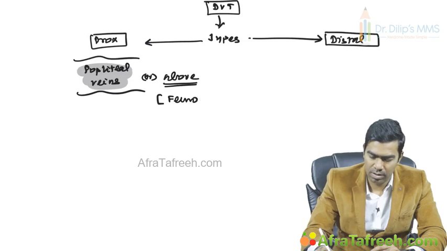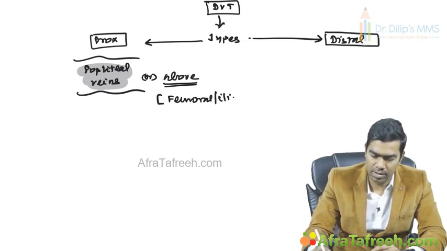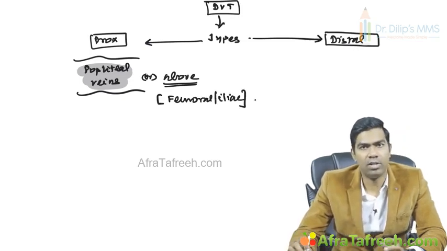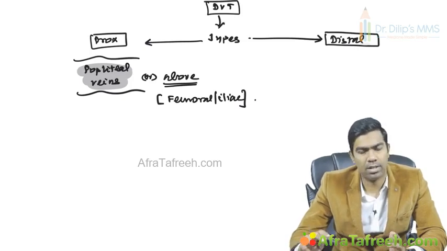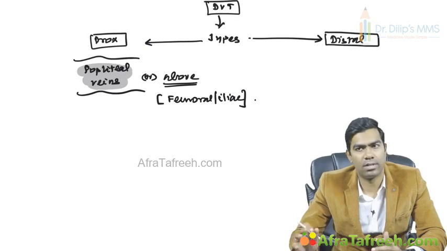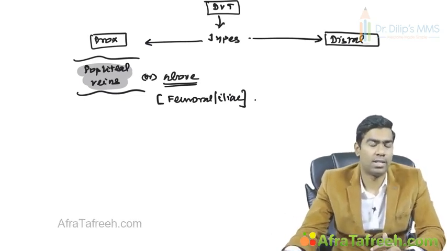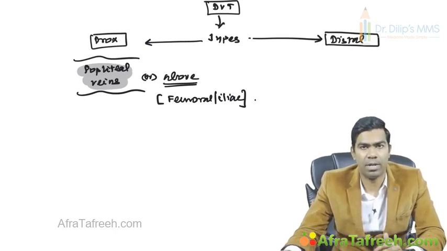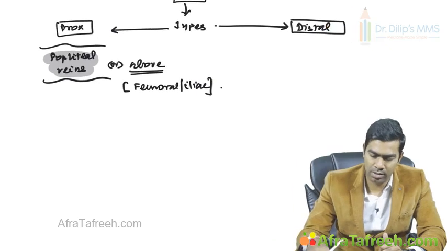What are the veins above the popliteal veins? Typically, you have the femoral veins and iliac veins. Please do remember that the more proximal the DVT is, the more it is in the femoral or iliac, the higher the risk of developing a pulmonary embolus. You have to be very sure about that.